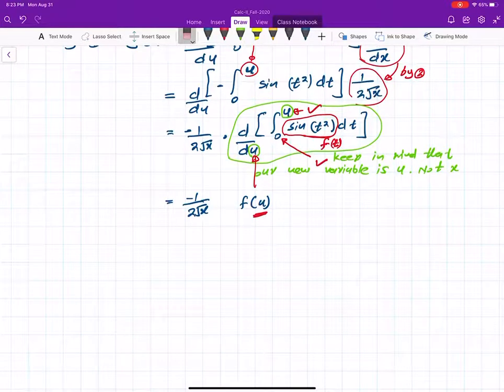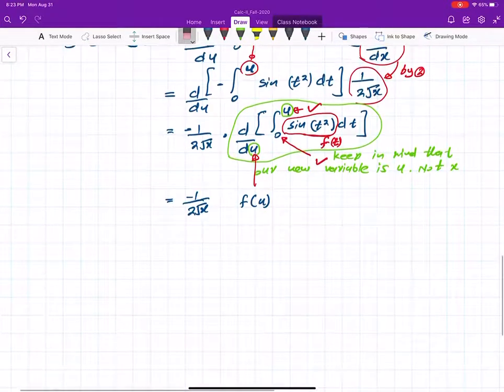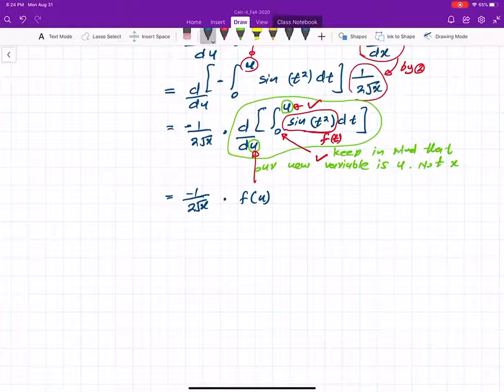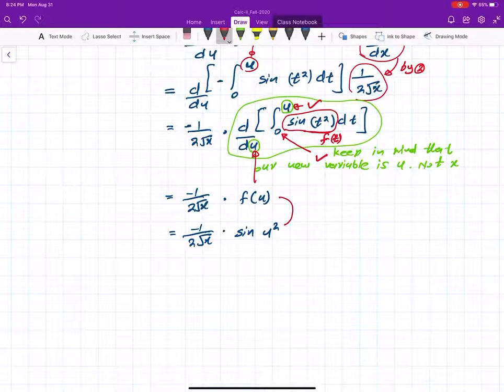Now I wrote f of u, and then f of u is minus 1 over 2 square root of x times sine u square. How did you get from here to here? That is because you know f of t equals sine t square.